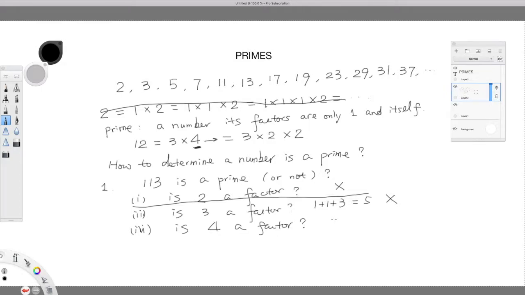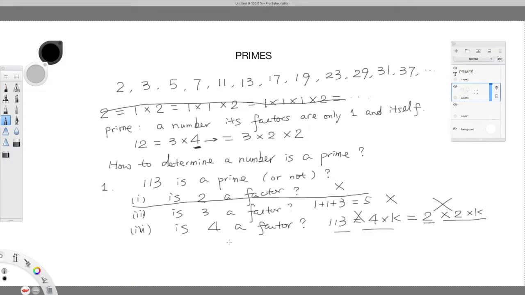Of course it cannot. If a number is a multiple of 4, so for example, if 113 equals 4 times k, an integer, this has to be a multiple of 2 as well, because 4 equals 2 times 2. So then 113 would be a multiple of 2, which is not true, so this cannot be true.